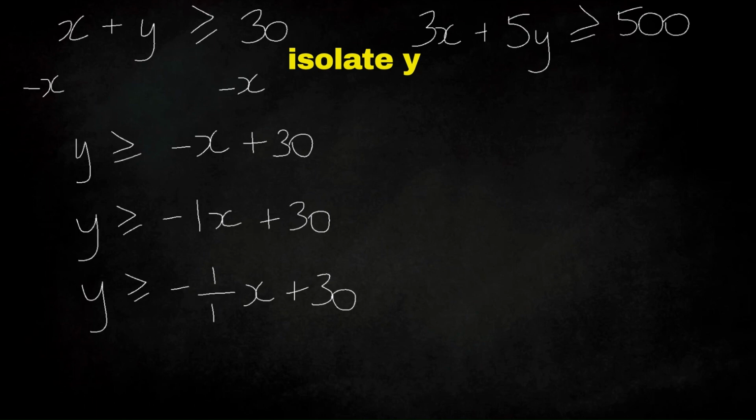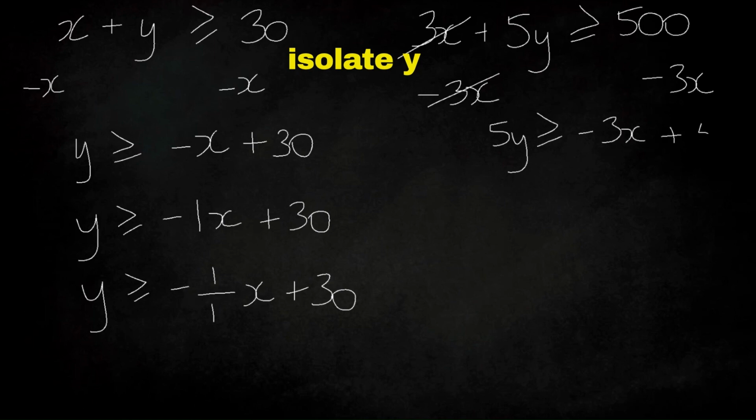For the second inequality, I will also isolate y. Subtract 3x from both sides. Then divide both sides by 5.